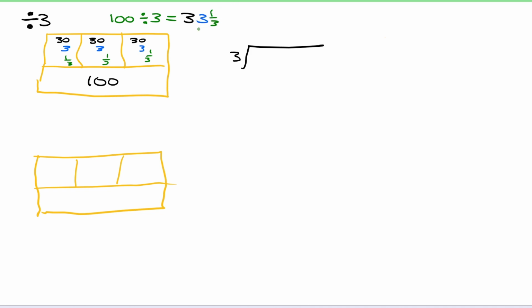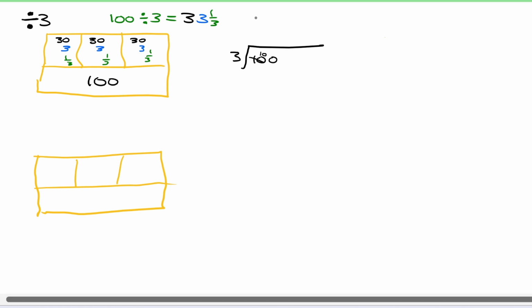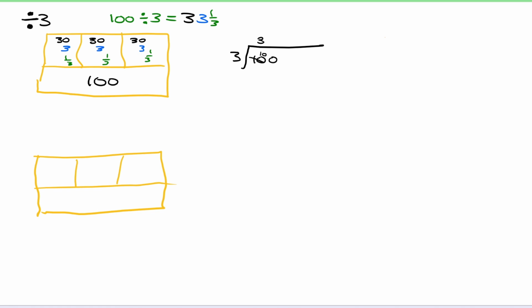Now if I wanted to get that into a decimal, of course I would need to do this. And again, I can teach the short division algorithm based on what I've just shown him there. I can't think of it as 100. I need to think of it as 10 tens, which means I can give them each 3 tens, and it means that I've got 1 ten left over.